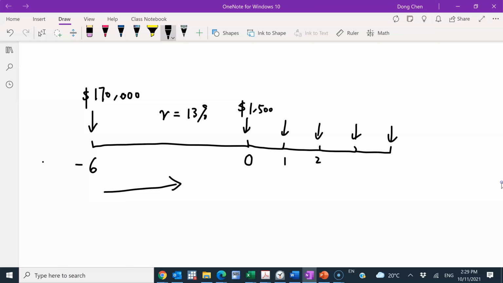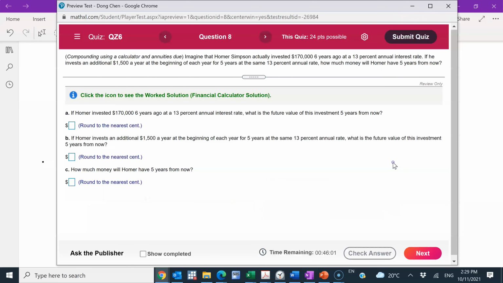So this is 1, 2, 3, 4, because this is a beginning of the year payment. So the last year is actually 4 years from today, rather than 5 years from today. That's what it means by investing this additional amount every year for 5 years.